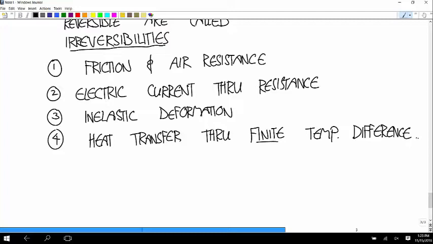Heat's going to go from the high temperature one to the low temperature one. Since that's a finite temperature difference, there's no way for that system to spontaneously reverse itself, right? It's irreversible. Once that heat goes that way, that's the end.